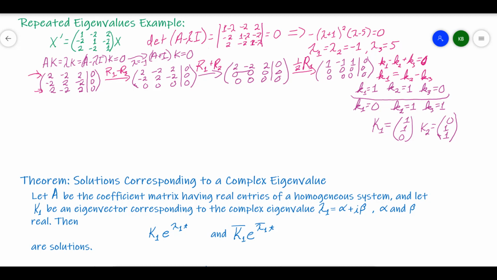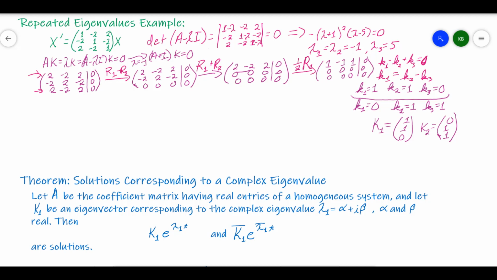And since I have that situation, no linear combination or no multiple of one of these is going to create the other one. And so I have two linearly independent vectors that go with my repeated eigenvalue. When you have a repeated eigenvalue, this is what's going to happen. You're going to end up getting to make two choices, and as long as you make two choices that result in vectors that are linearly independent of one another, then you have done it perfectly.